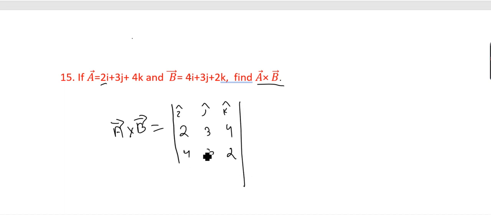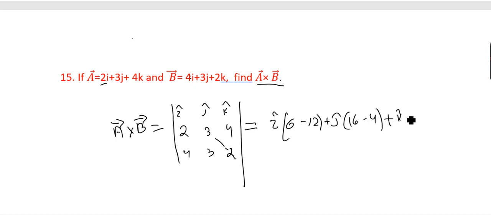So simply we have to find the determinant. It will become i cap into (3 into 2 is 6, minus 4 into 3 is 12), plus j vector into (4 into 4 is 16, minus 2 into 2 is 4), plus k vector into (2 into 3 is 6, minus 4 into 3 is 12).